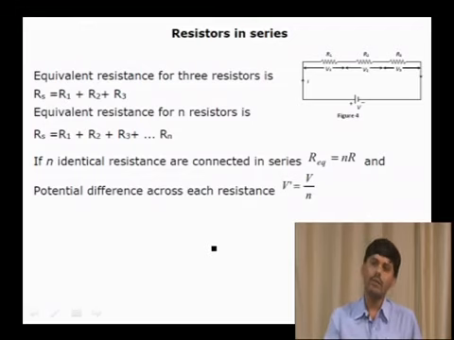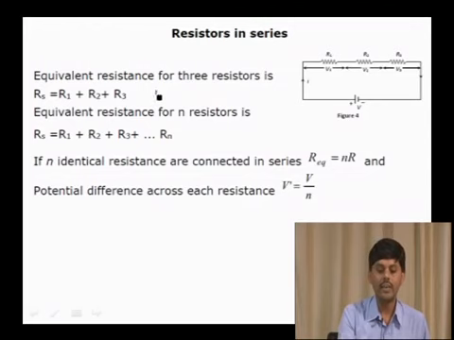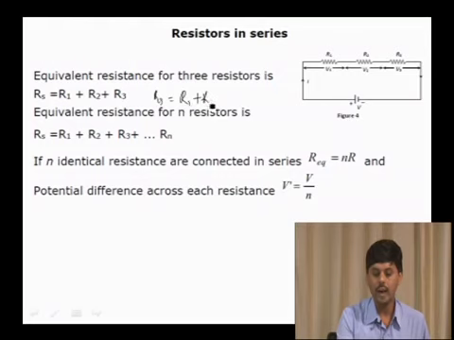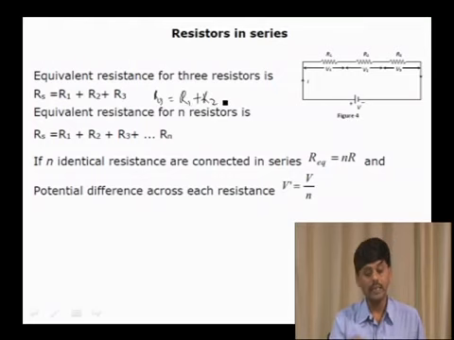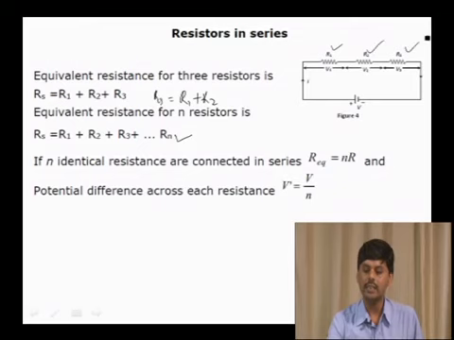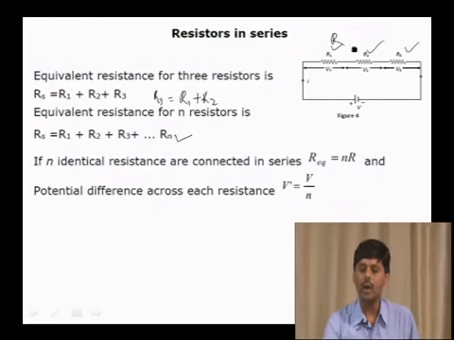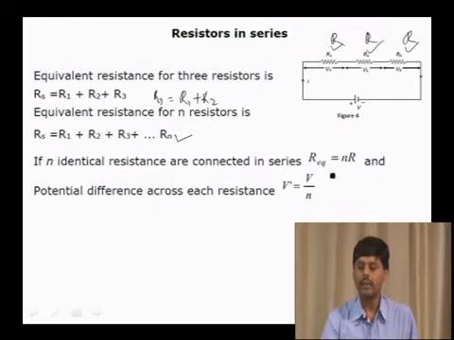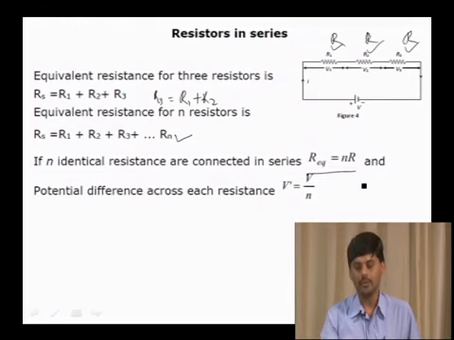If they provide only two resistors, then the equation can be written as Rs is equal to R1 plus R2. If there are n number of resistors, you follow the same equation. Suppose all n resistors are equal to R, then the equivalent resistance is nR.